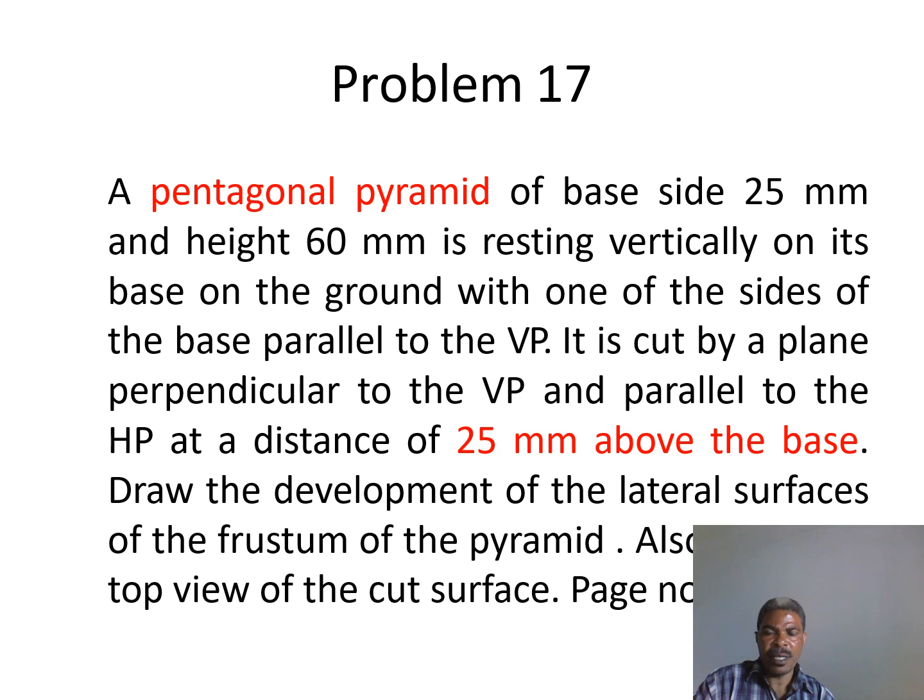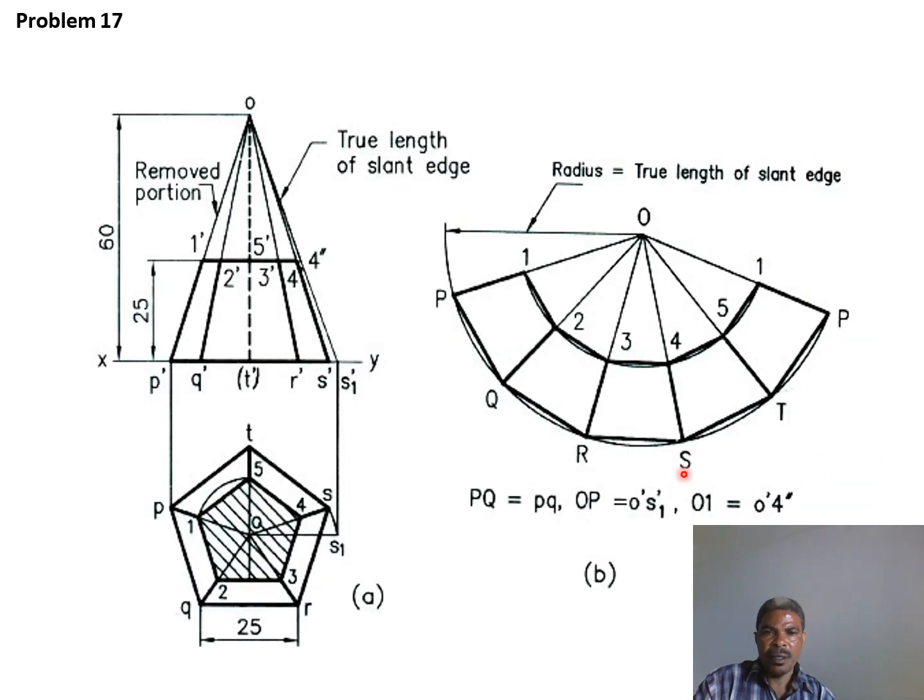Another pentagon pyramid is given there, where it is to be cut 25 millimeters above the base, the truncation line maybe. Let's see. So from the base, you are told to cut it at 25 millimeters from the base. After you have obtained the true length, how do you obtain it?